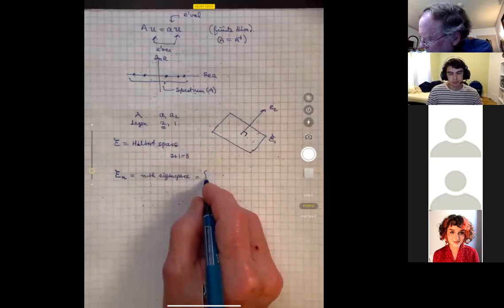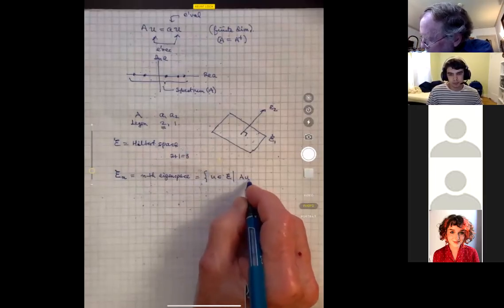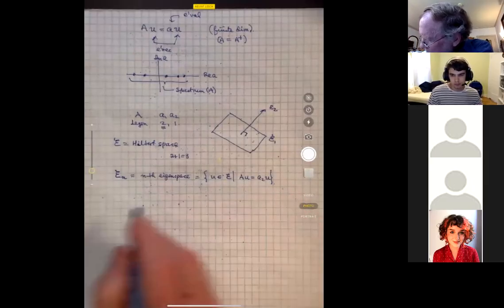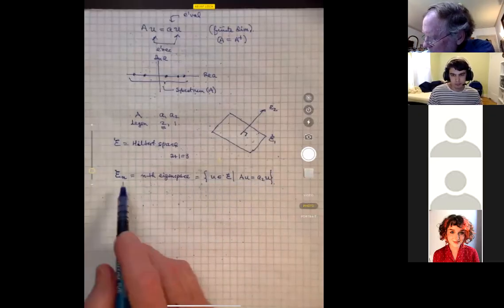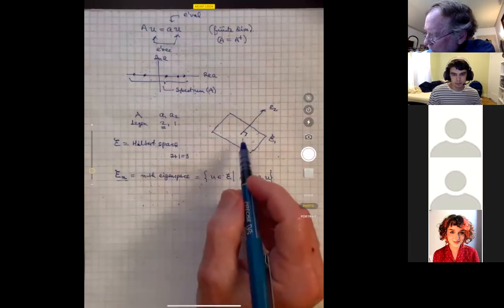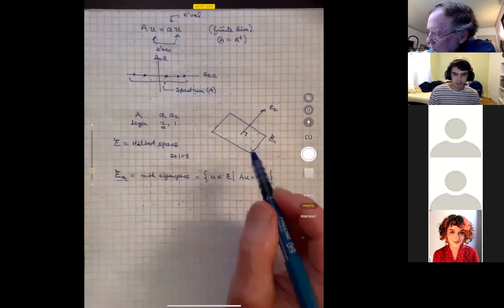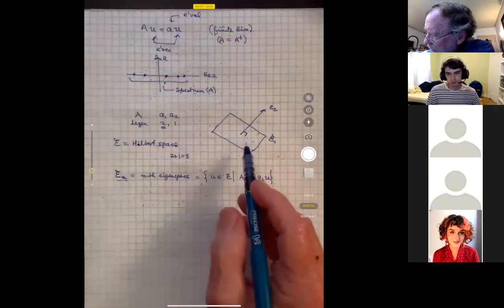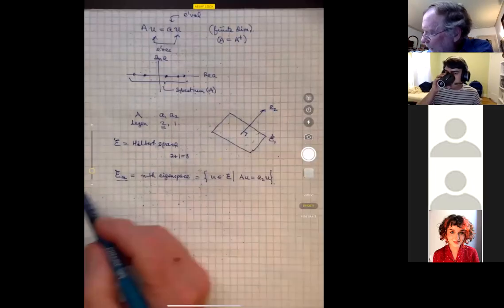So this is a set of vectors contained in the Hilbert space such that A acting on U is equal to A2 multiplying U. And in this formula, we allow that U equals 0, the result being that E sub n is a vector space. It's spanned by all these vectors that have the eigenvalue A2. So in this diagram, for example, E1 is the two-dimensional plane, and then E2 is a one-dimensional line like this.